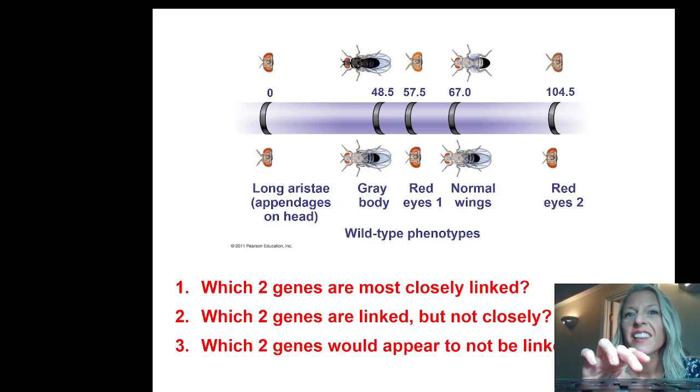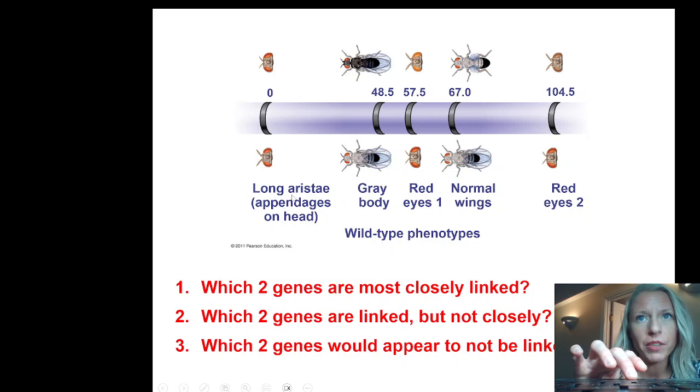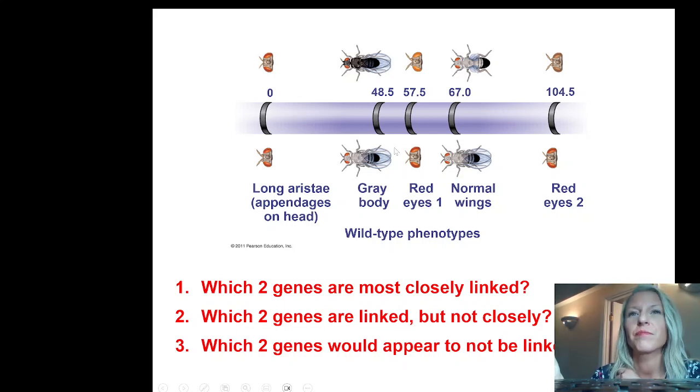It would be the furthest apart. And then which genes probably wouldn't be linked at all? 48 and 57. The gray body and the red eyes, because they're the closest together.